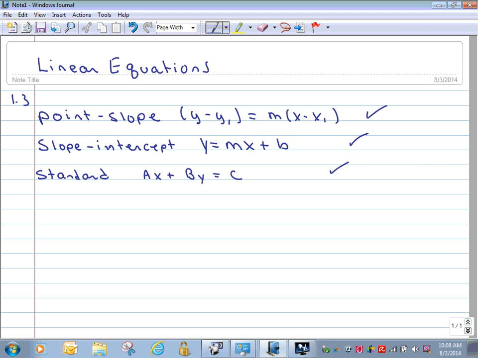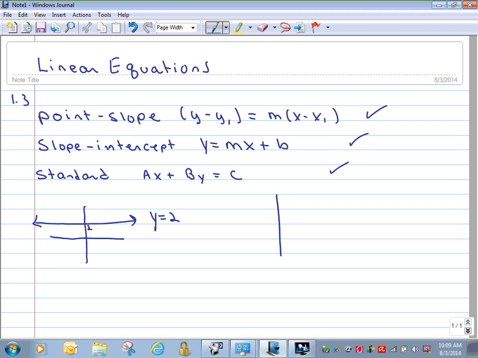One of the other things we want to remember is that when we have a horizontal line, let's say that's our axis, and let's say this is our line, and let's say that it's at the y value of 2, then that is the equation y equals 2.